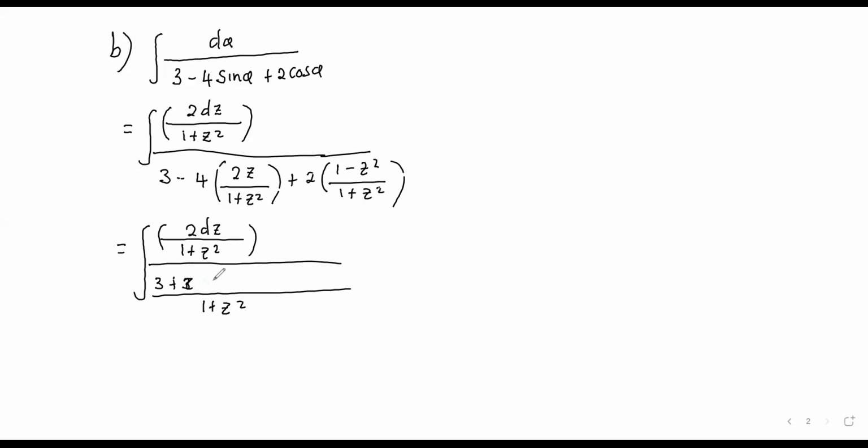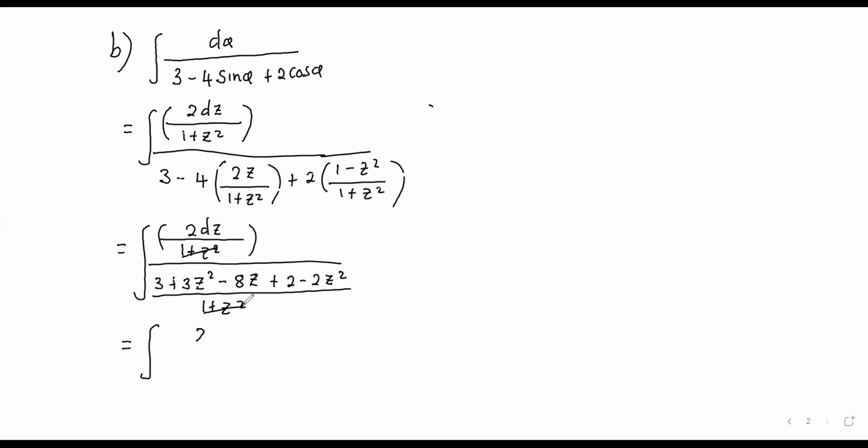Let me write it properly: plus 3z squared, minus 8z, plus 2 minus 2z squared. When we work this out, of course, the common denominators cancel.